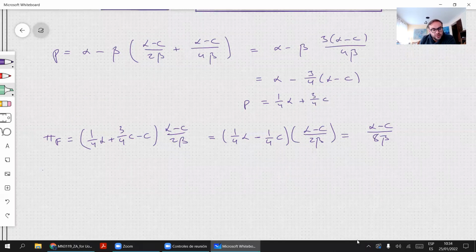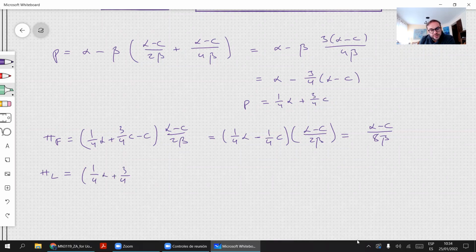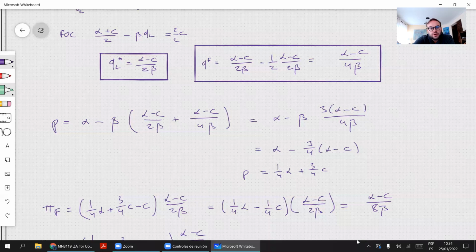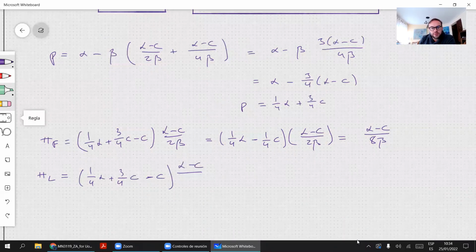And obviously for the leader, profits should be larger, and I can check that. So this is price, this is cost, and I'm producing alpha minus C. How much was it for the leader? For the leader it's 2 beta. Oh, sorry, I made a mistake here.